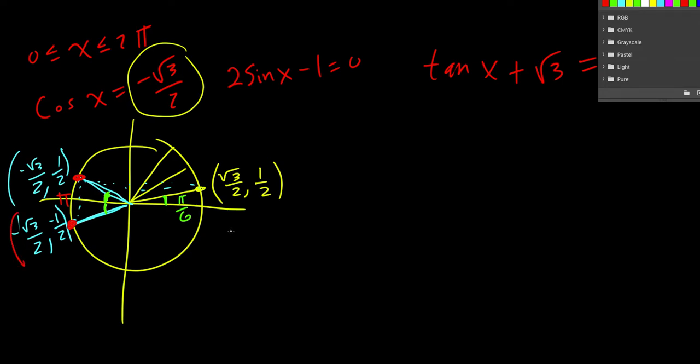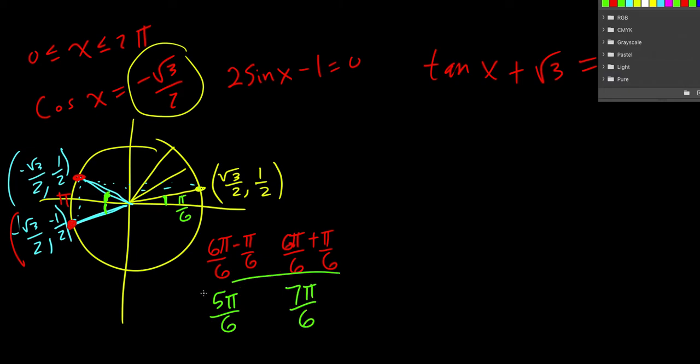Okay? So we have pi minus pi/6. Then we have pi plus pi/6. So we think of that pi as 6/6 in both of these cases. So that's going to give us 5pi/6. And this one's going to give us 7pi/6.